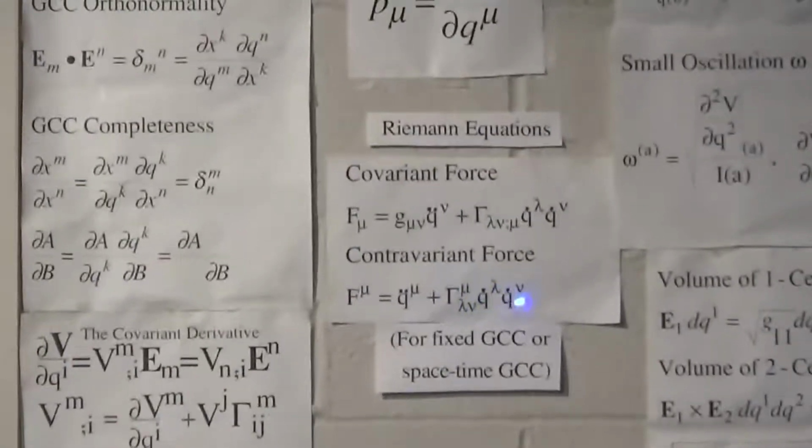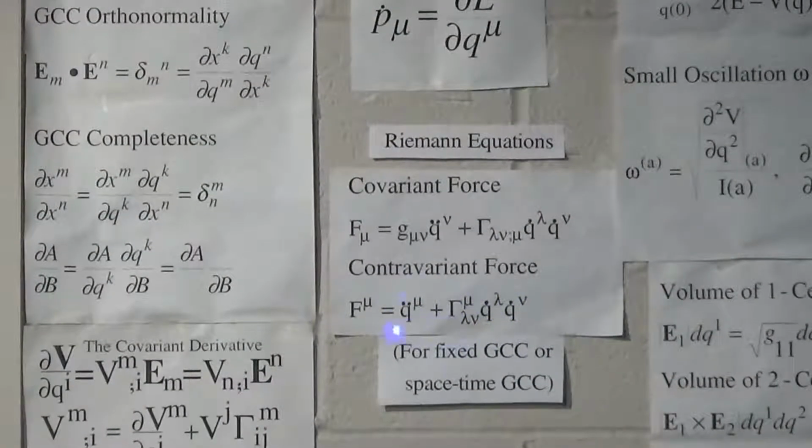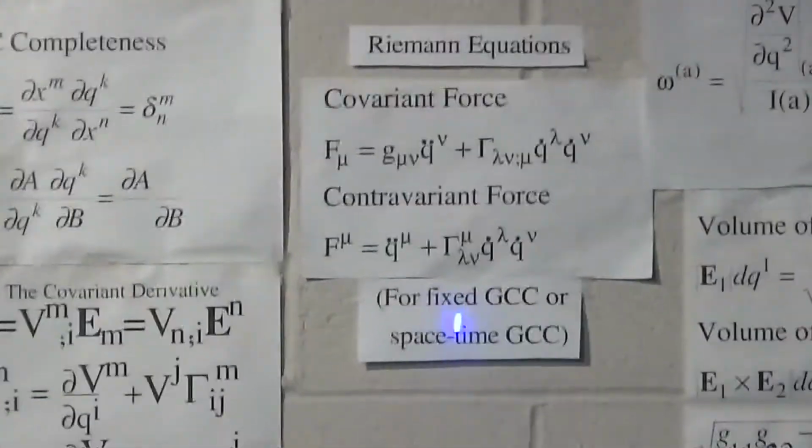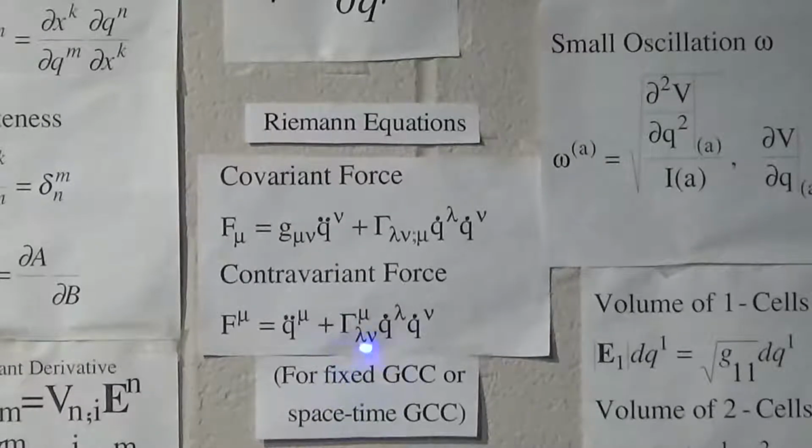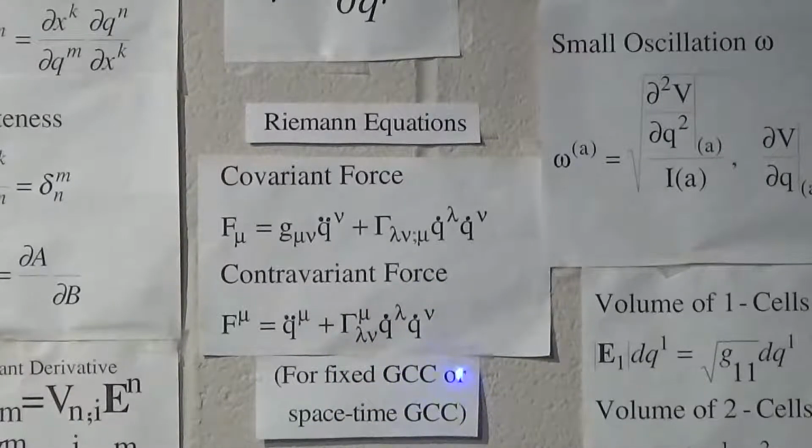The second Riemann equation is some kind of contravariant force, called the contravariant equation, equal to the contravariant coordinate double derivative in time. And then these things called Christoffel symbols, which we're going to talk about in a couple of lectures from now, give the curvature effects of whatever coordinate system you're working with.